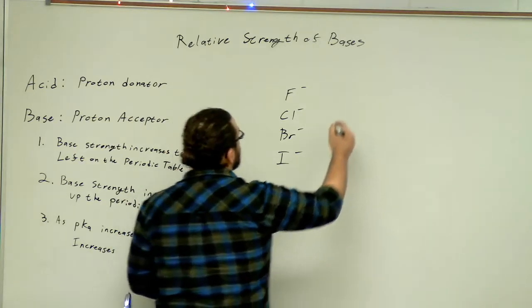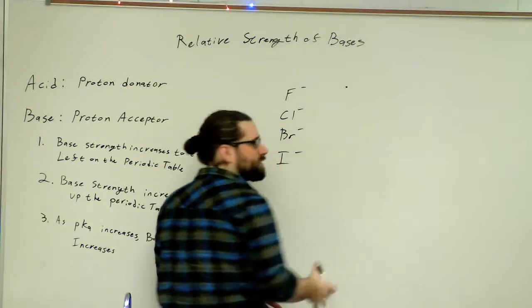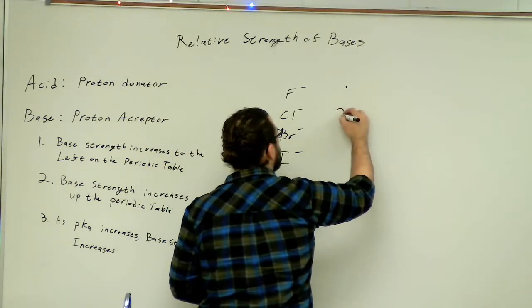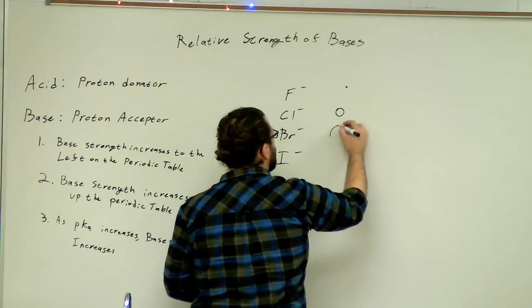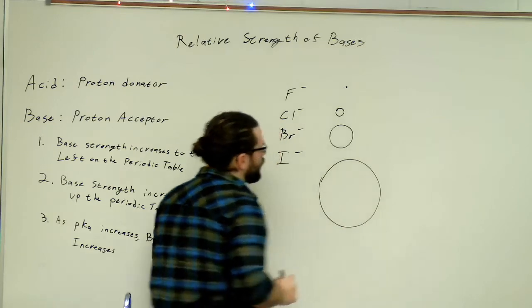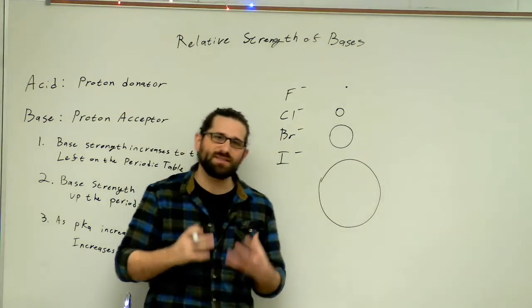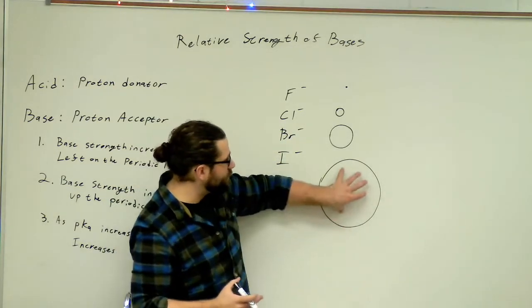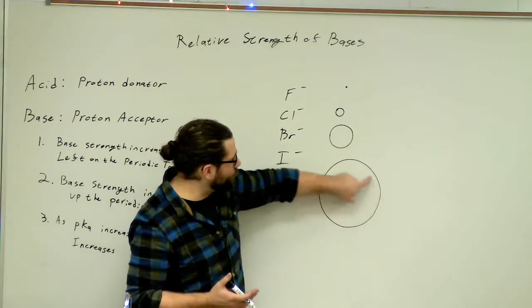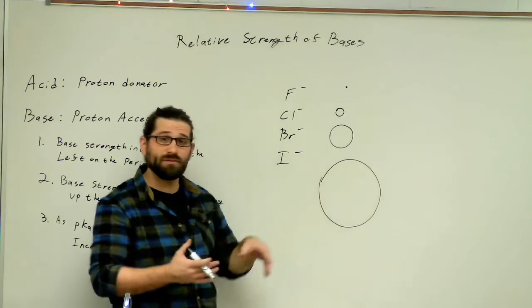So fluorine might be just a tiny little point, and it's a very small radius. Chlorine might be a little bit bigger. Bromine, quite a bit bigger. And iodine is going to be huge. And because of this size difference, the negative charges for an iodine anion are going to be able to really spread out and stabilize.